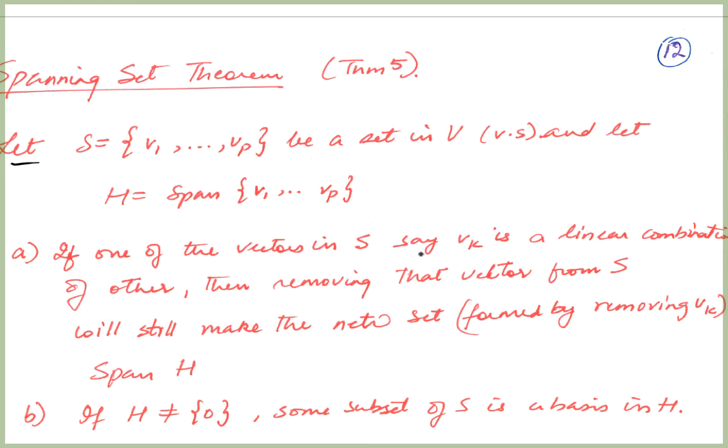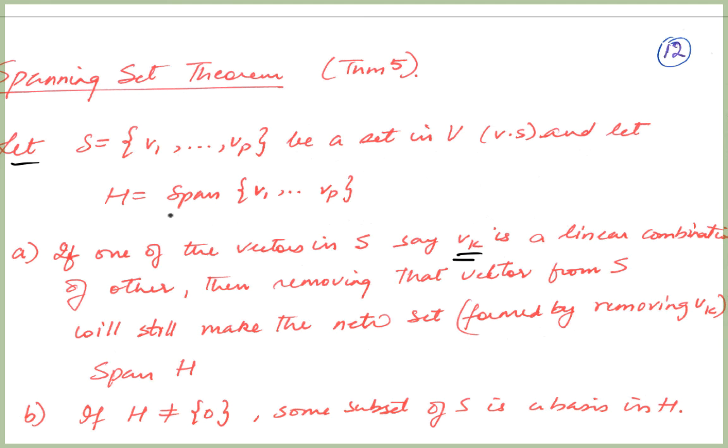But if I find one of the vectors, say vk, is a linear combination of the others, if you remove that, the new set still spans the whole set H. We continue this process till we get a linearly independent set. And it's very important, we cannot go till the zero vector. H cannot be a zero subspace. So some subset of S is a basis for H.